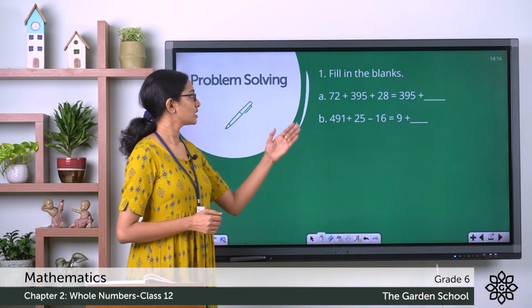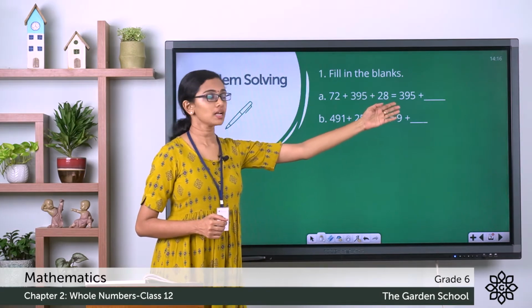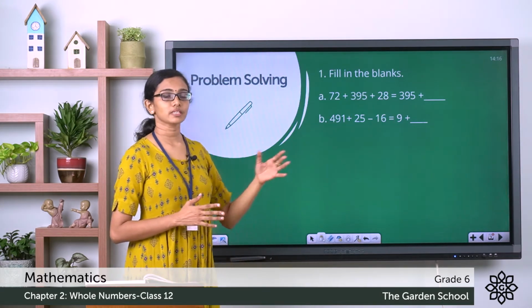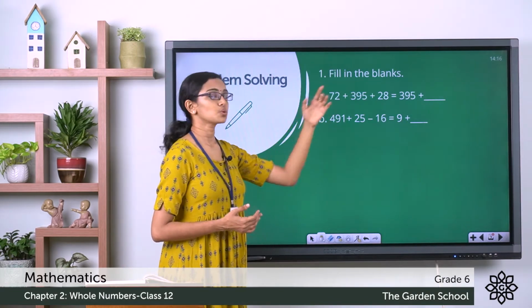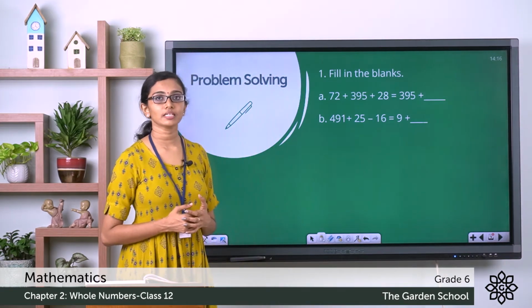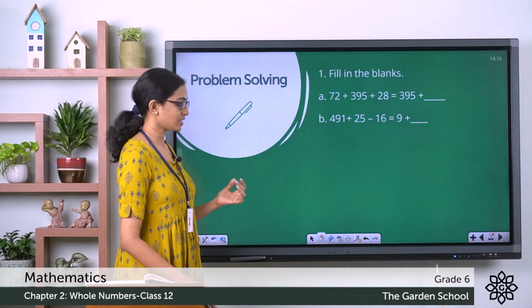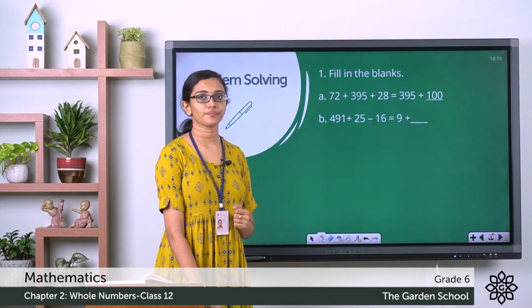So here we have 395 on the right hand side as well, and we have to write what comes next. So it should be 72 plus 28, right? What is 72 plus 28? It is equal to 100. So what comes there? 395 plus 100.